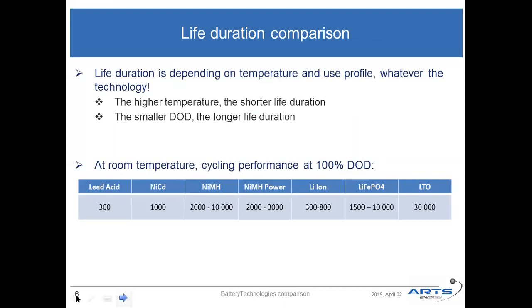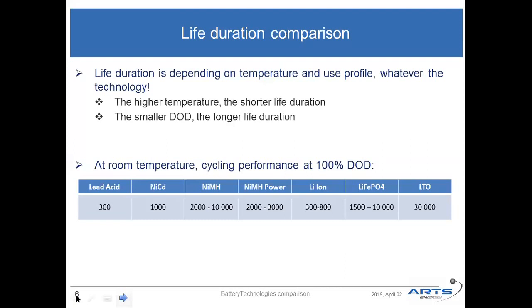For temperature, the higher the temperature, the shorter the life duration. And for the depth of discharge, the smaller it is, the longer life duration you will have, and you will get more cycles. This is the reason why the comparison we are presenting here is valid for cycling at 100% depth of discharge, and at room temperature.